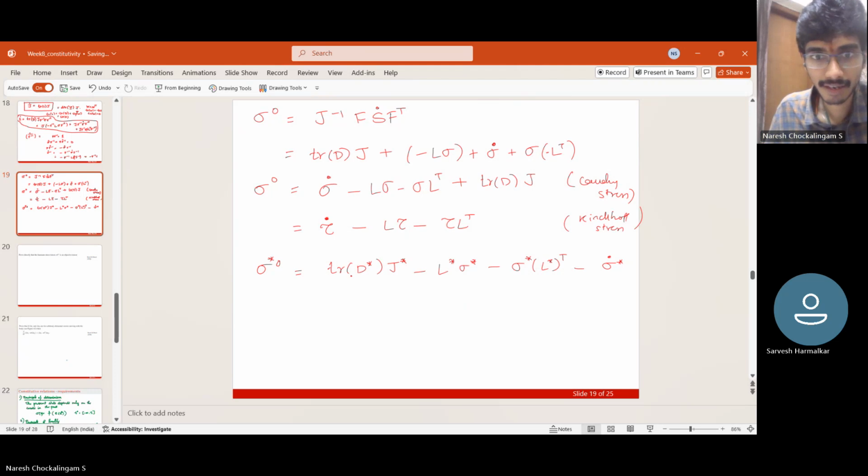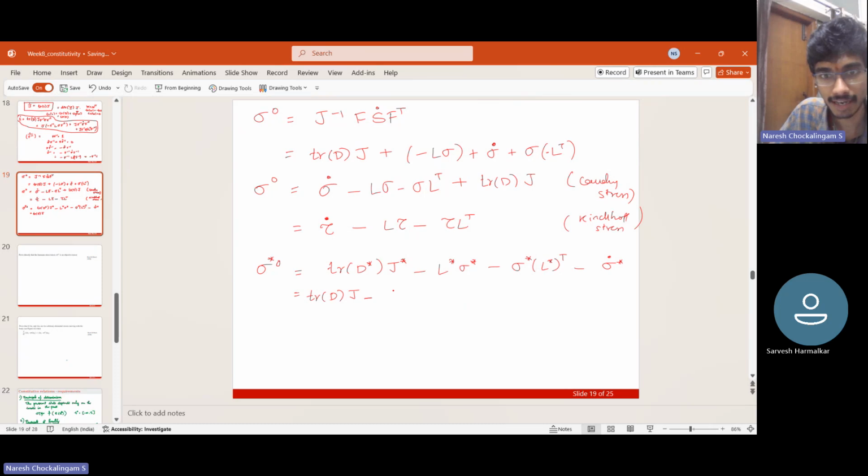The trace of a tensor is invariant. D star is Q D Q transpose, and the trace is unaffected by the orthogonal transformation Q, so this is just trace of D. J is a scalar, so J star is equal to J. Scalars are unaffected by frame rotations.